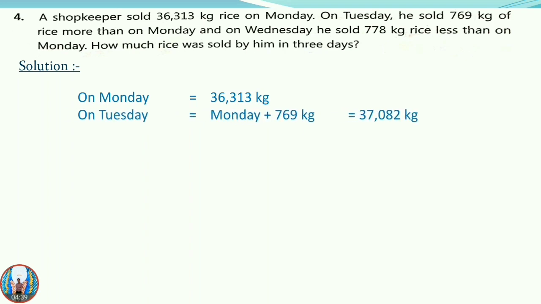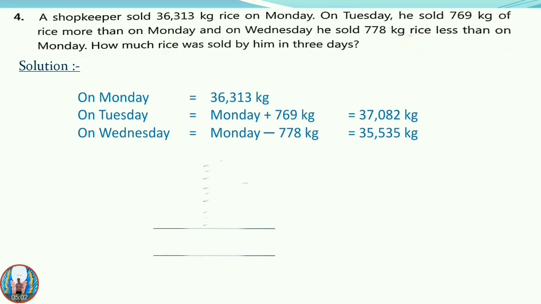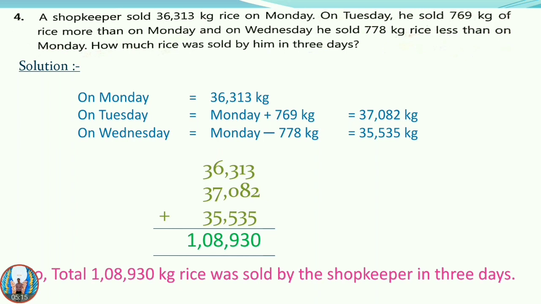On Tuesday, Monday plus 769 kg, because more means plus. So on Tuesday 37,082 kg were sold. On Wednesday, Monday minus 778 kg, because that is less. So on Wednesday 35,535 kg. Now we will add these 3 days. Answer is 1,08,930. So total 1,08,930 kg rice was sold by the shopkeeper in 3 days.